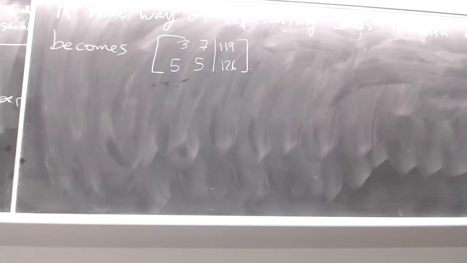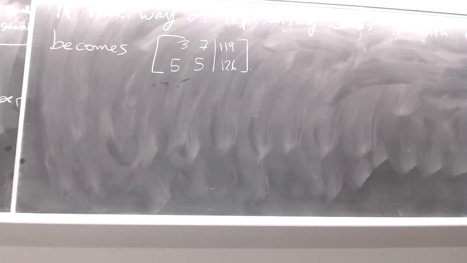Multiplying an equation becomes multiply a row of the matrix. And the third thing you can do is add a multiple of one row to another one.